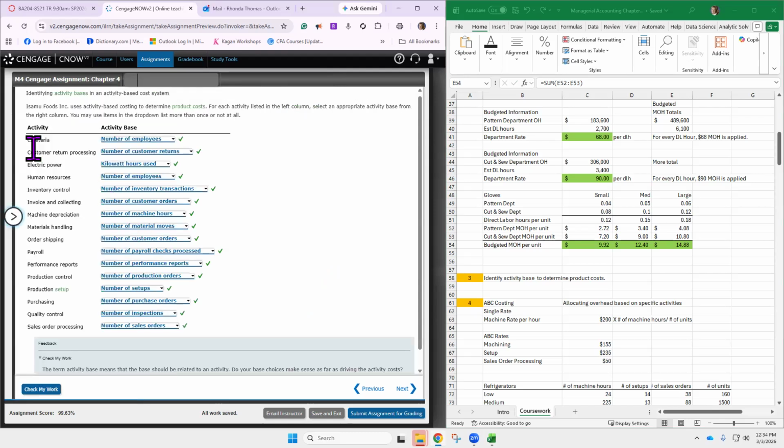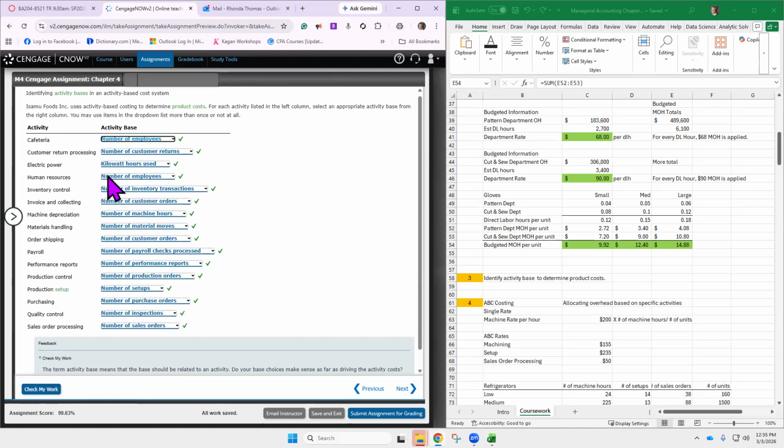So if you look through here, if you're looking at a cafeteria, the costs of the cafeteria would be number of employees, customer return processing. Now, some of this is pretty obvious and some of it isn't as obvious. Okay, so probably the number of customer returns is going to drive the cost.